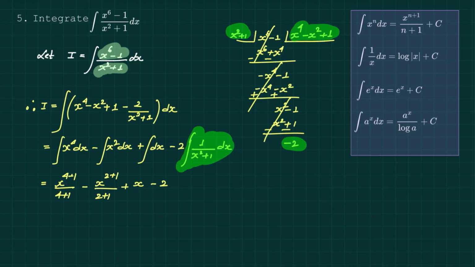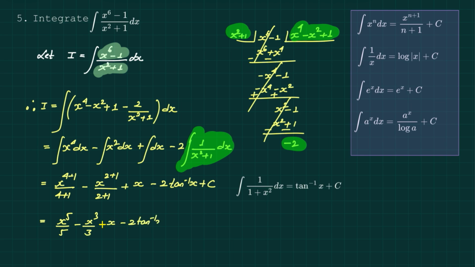So this is in the formula of this, and it will be tan inverse of x plus c. So my final answer will be x to the power 5 by 5 minus x cubed by 3 plus x minus 2 tan inverse of x plus c.